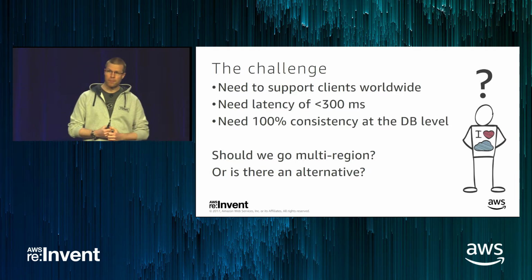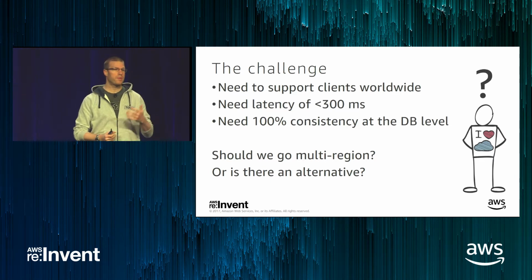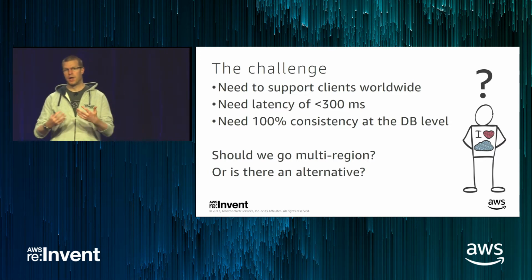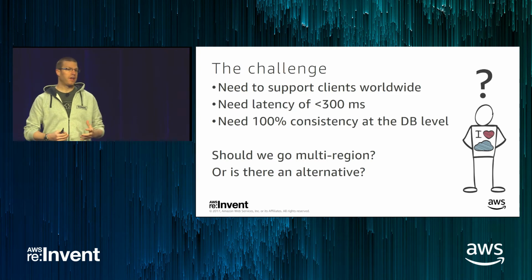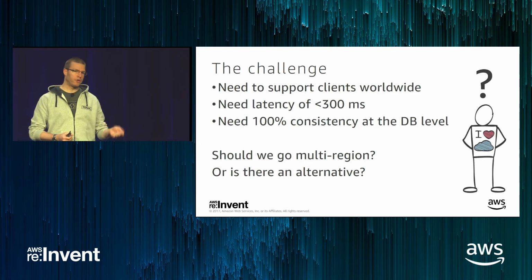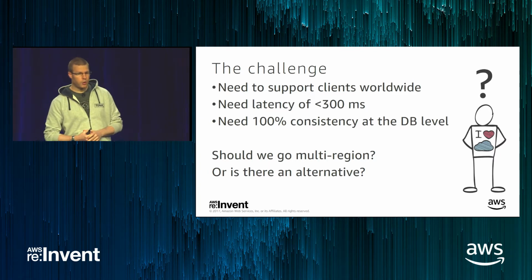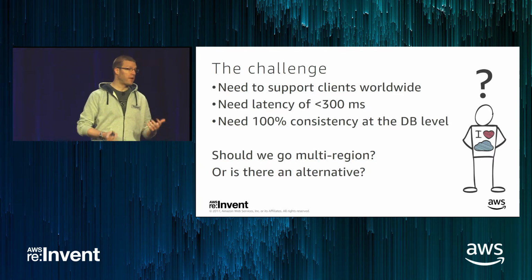The reason for that is that we're working on a prepaid basis, so our users have some kind of budget or account on our platform, and we can only deliver a bid for someone who actually still has some money in his account. So the questions that arose were, should we go multi-region, or is there an alternative?